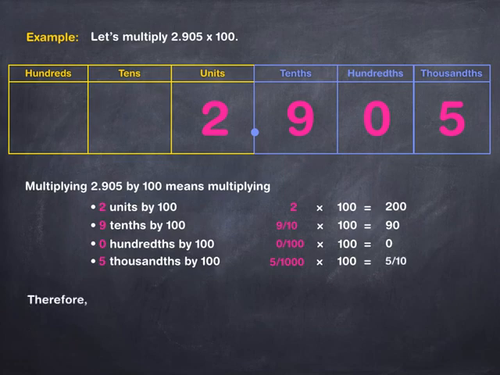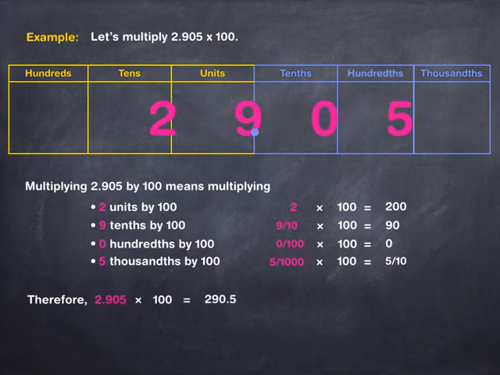Therefore, 2 and 905 thousandths times 100 is equal to 290 and 5 tenths.